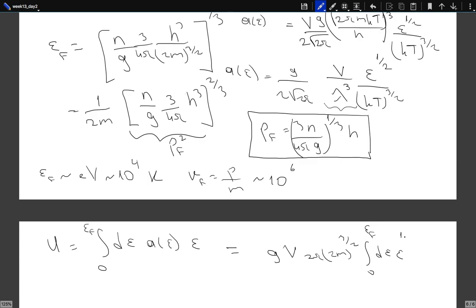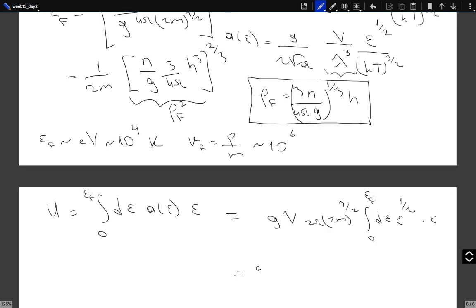So this will be GV 2 pi times 2m to the power 3 half epsilon to the 5 halves times 2/5.